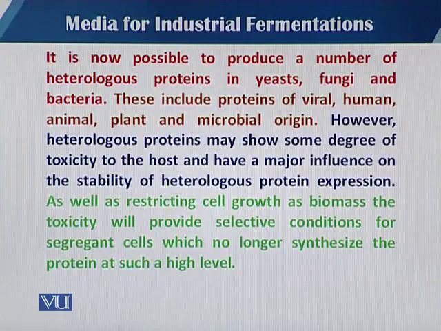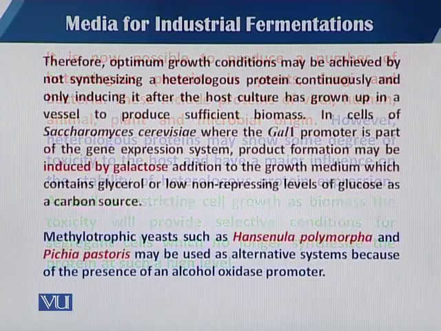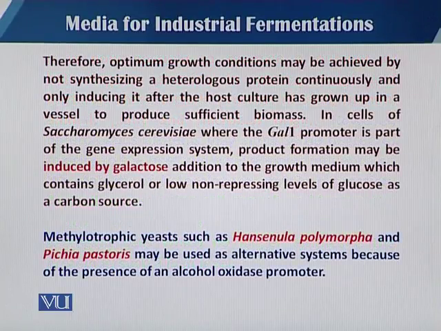So that's why we have to incorporate specific inducers or promoters just to have the expression of those specific proteins. There are many examples of that. We can achieve the production of those heterologous proteins only in the presence of those promoters.